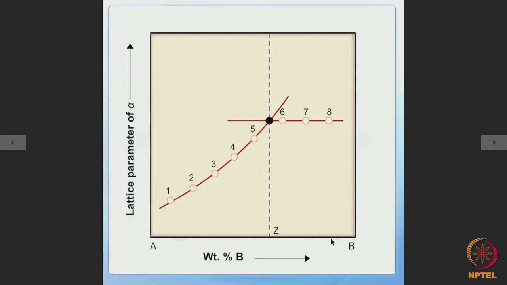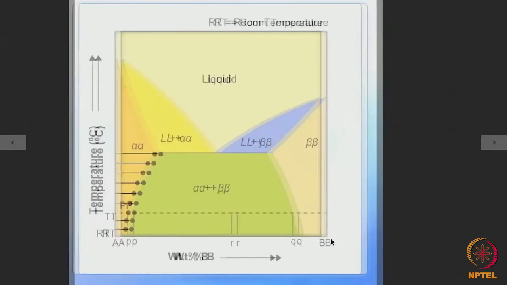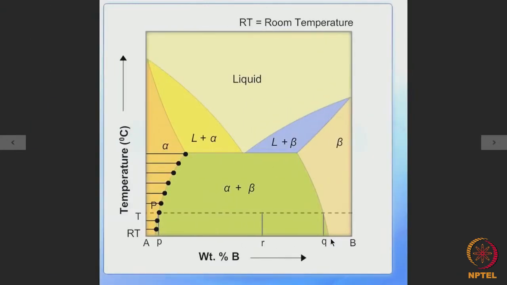You see, the way it is done is very simple. Say for example, if we consider a temperature given by this.